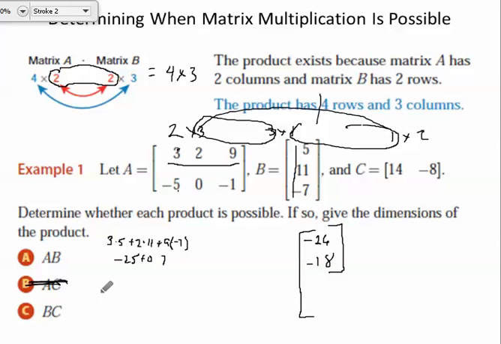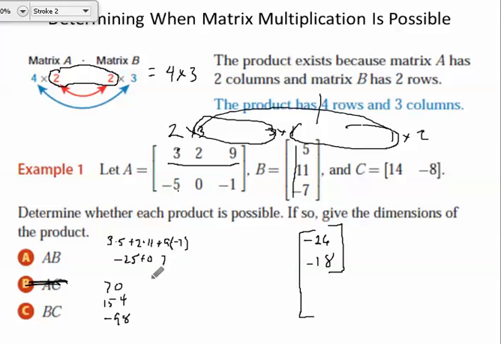So 5 times 14 is 70. I take this row, which was a 5, times that 14. That's all I got. So 11 times 14 is 154, and negative 7 times 14 is negative 98.